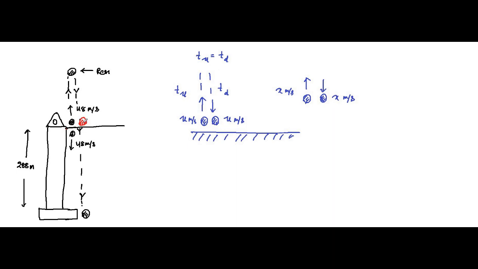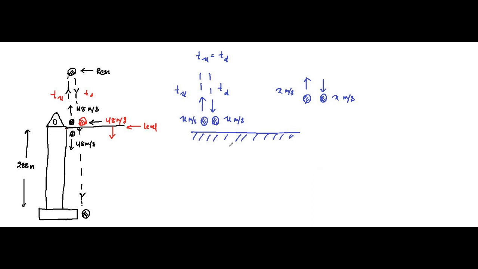It means at this point its velocity is also 48 meters per second downwards. The time for the upward journey is the same as the time of the downward journey from here to here, from this level. We already know the velocity with which it is coming downwards at this point, which is 48 meters per second. Now we have to determine the time.